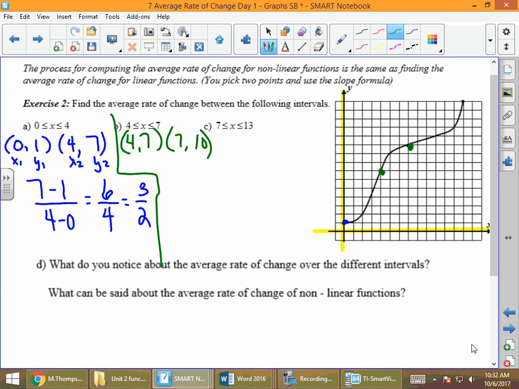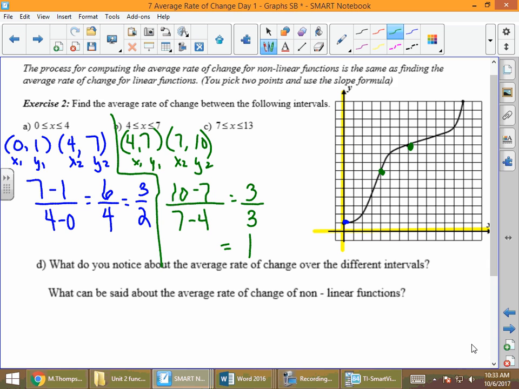And once again, we can fill in the slope formula. Here's x1, there's y1. Here's x2 and y2. We get 10 minus 7 over 7 minus 4. Well, 10 minus 7 is 3, and 7 minus 4 is 3, and 3 divided by 3 is 1.